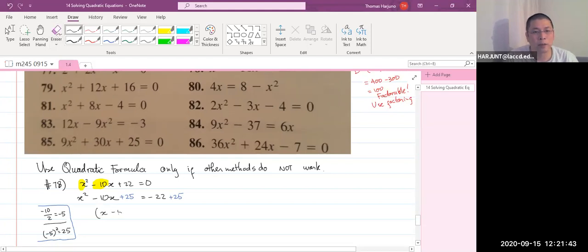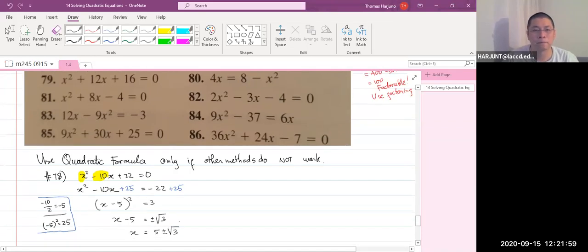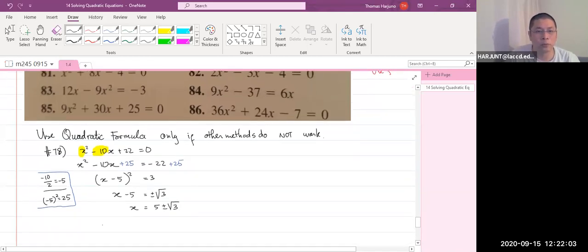X minus 5 being squared equals to 3. Apply square root property. So x equals to 5 plus minus square root of 3. So from here I split it. X1 is 5 plus square root of 3. X2 equals to 5 minus square root of 3.